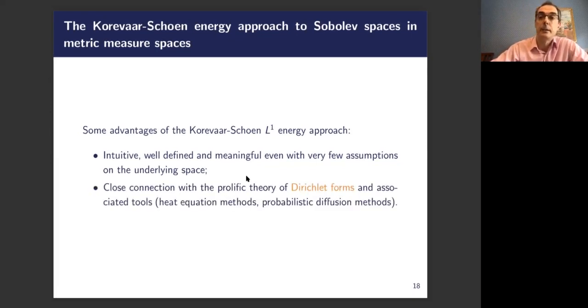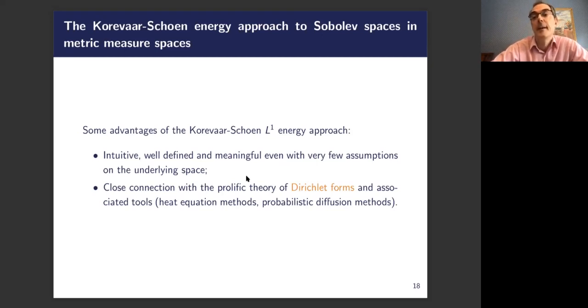And this is the aspect for which I was fascinated by the theory. There is a close connection between this approach of correlation and the theory of Dirichlet forms, which is an object that was introduced in the 1950s by probabilists and people in potential theory.